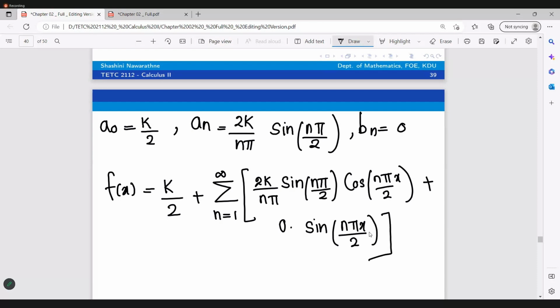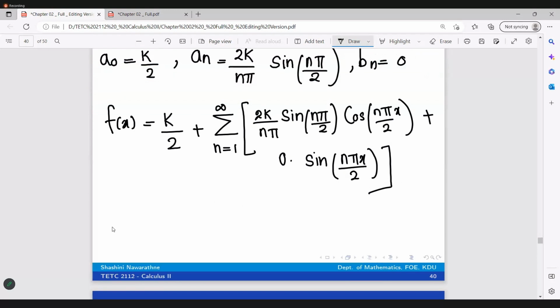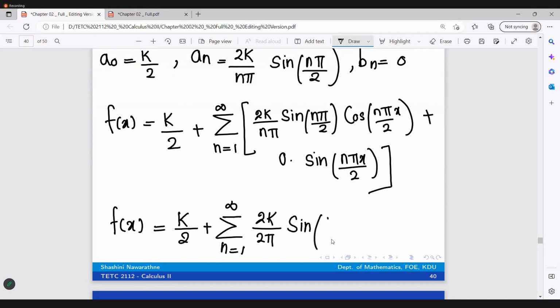Since this is 0, 0 times this is also 0. So we can write the final answer for the Fourier series of this function as f of x is equal to k over 2 plus summation n equal to 1 to infinity 2k over n pi sine n pi over 2 cosine n pi x over 2. So this is the answer.